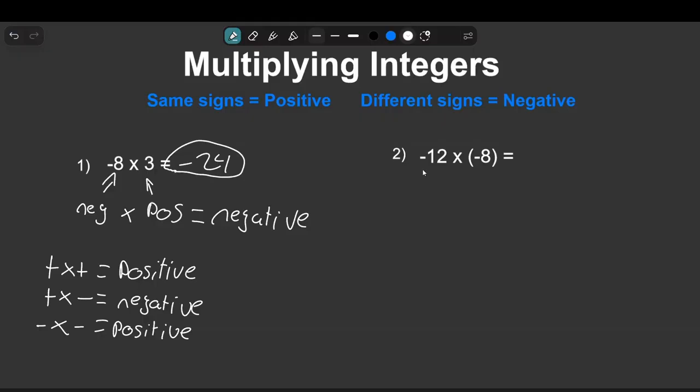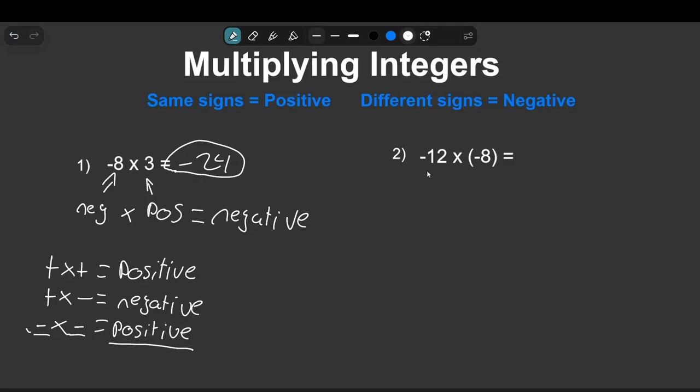Now let's go over to the second one. We have negative 12 times negative 8. This means we are working with this one. You can just write these down if you'd like, just to remember it a bit better in your head. So we have a negative number times a negative number. This will get us a positive number.